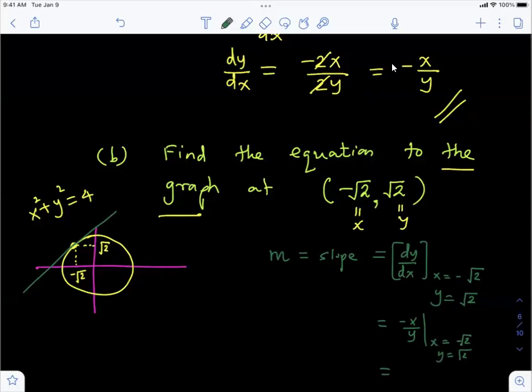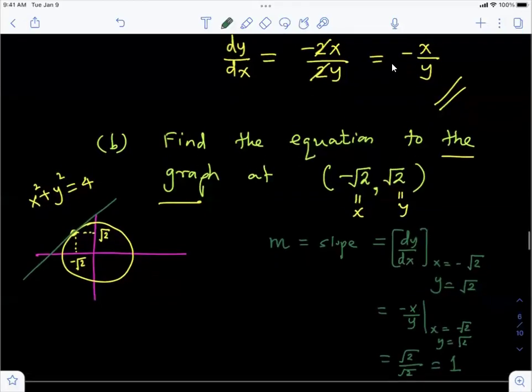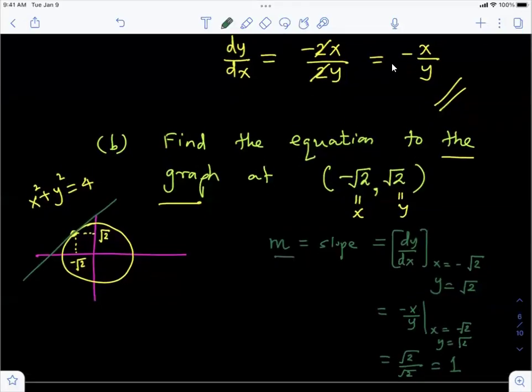What you're going to get is negative negative makes it positive when you plug negative root 2 right there. So root 2 divided by root 2, which is going to be just 1. Now, this is just a slope. Since we have the slope and since we have already one of the points, negative root 2, positive root 2, is exactly one of the points on the graph.